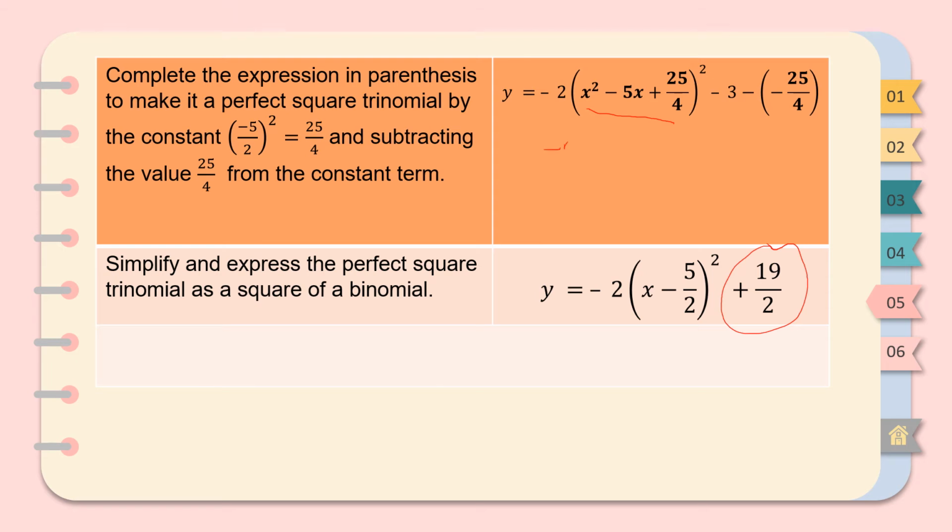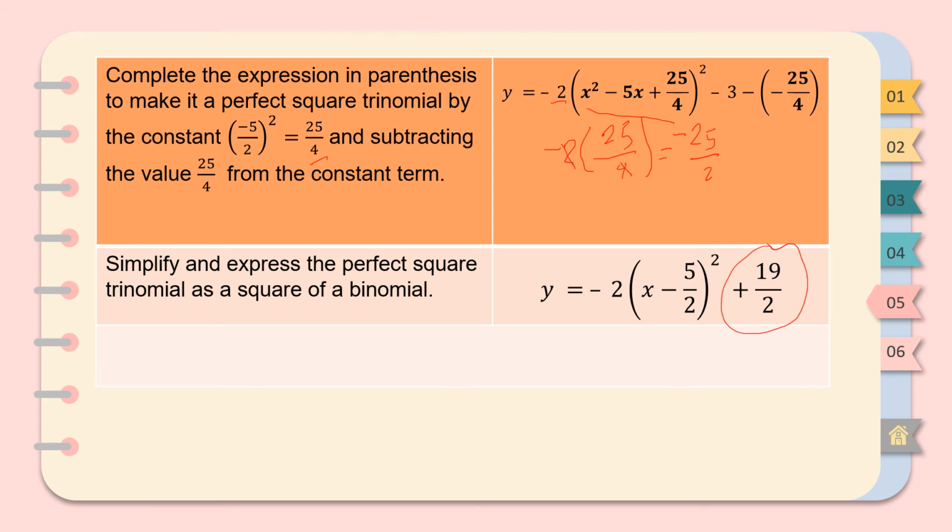Diba, mo-multiply natin ang a value, i-multiply natin yung a value, ito, doon po sa nakuha po nating constant term. So, magiging negative 2, 25 all over 4. So, ito po ay magiging, simplify na natin to, magiging 25 all over 2.